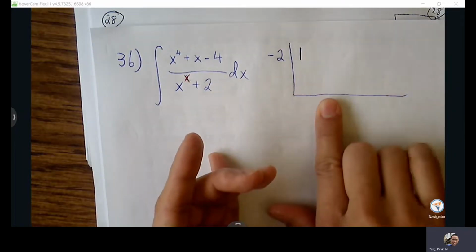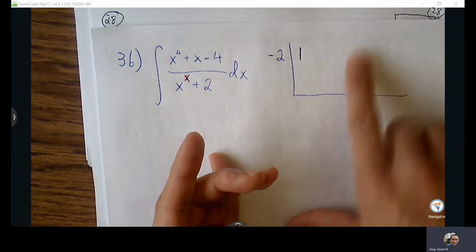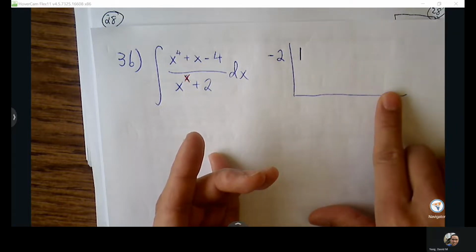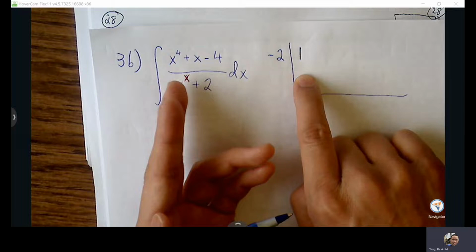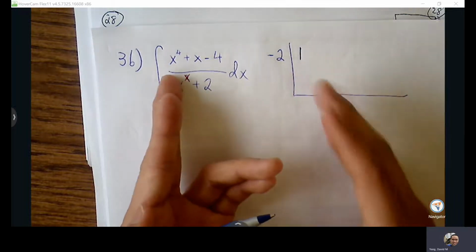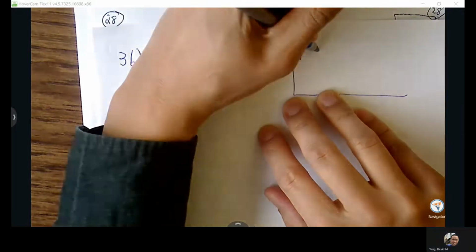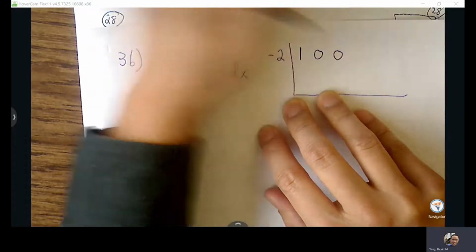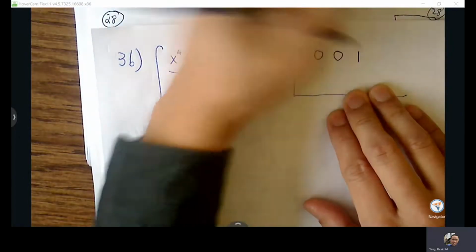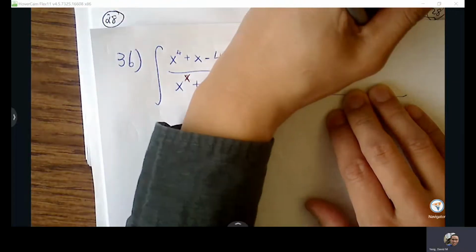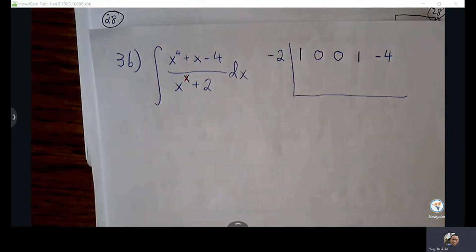We need a second column for x to the 3rd, x squared, x to the 1st power, and the constant. So if you don't see anything, then think of it as 0. There's 0x cubed, there's 0x squared. 1 for the x, and -4 being the constant. Okay, any questions here?